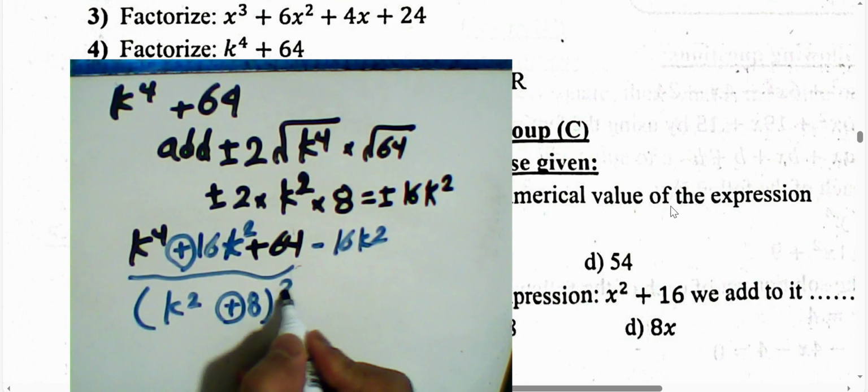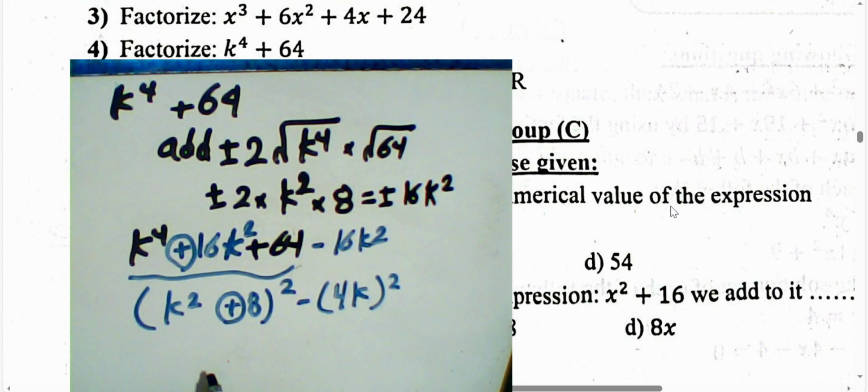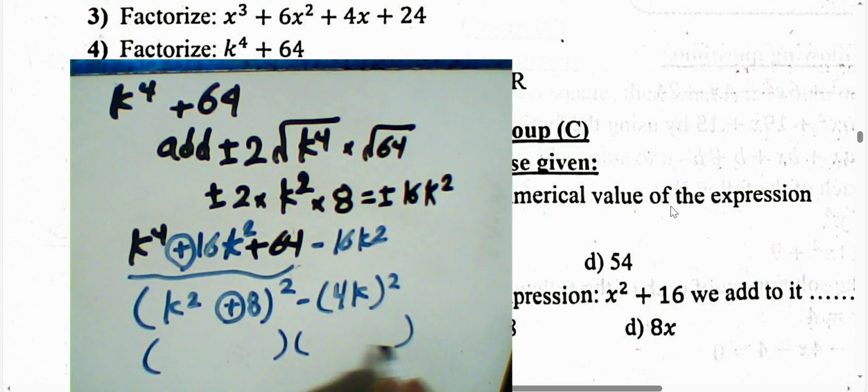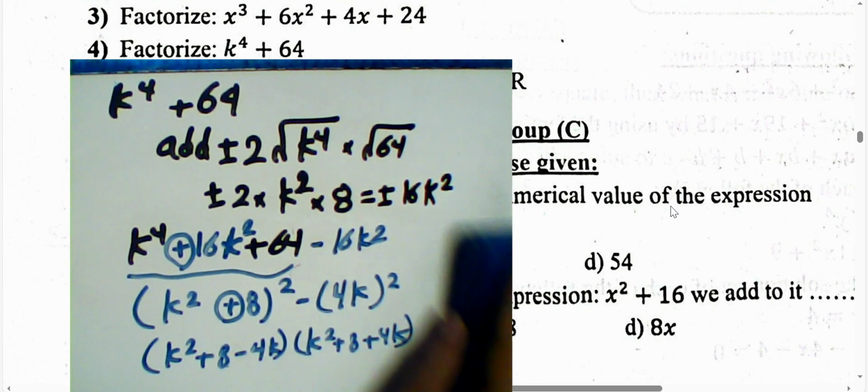Okay, all power 2 subtract 16, it will be 4k all power 2. We can factorize down here: k power 2 plus 8 and k power 2 plus 8, right, subtract 4k and here positive 4k. Okay, understood.